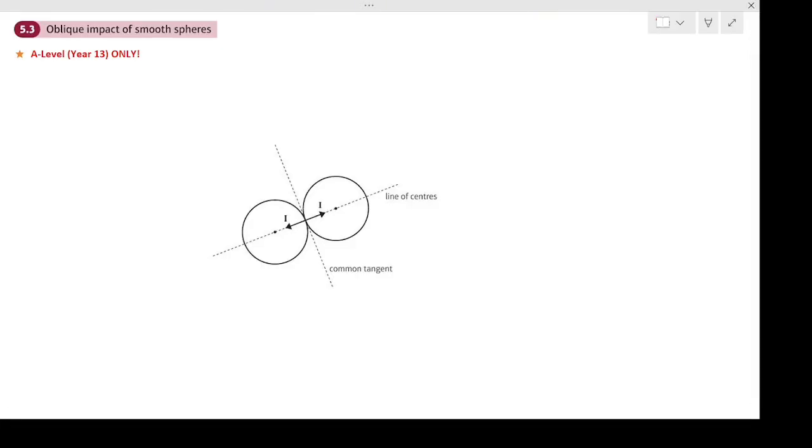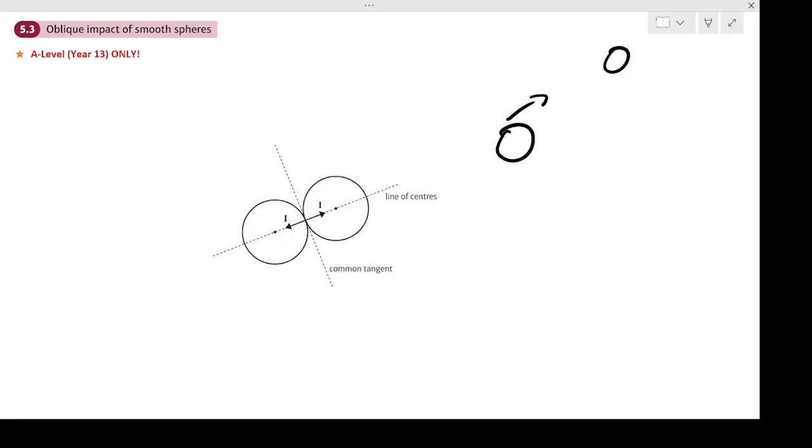But anyway, what we're going to be looking at, right? Two things collide. We've already looked at that in chapter 4 in year 1 with 1D collisions. Now with 2D collisions, obviously you've got 2 dimensions, and we've got this diagram here. Let's say we have 2 particles, or spheres.